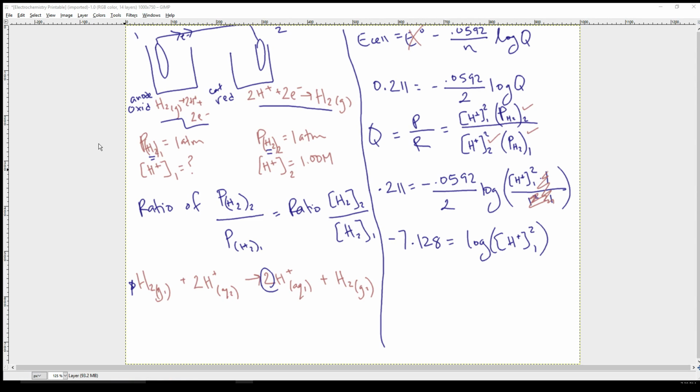Remember, if you want to get rid of logs, what do you have to do? You do 10 to the. Those cancel out. I'm also going to have to take the square root of both sides here. 10 to the negative 7.128 is equal to the number that I want squared. So I have to square root both sides.